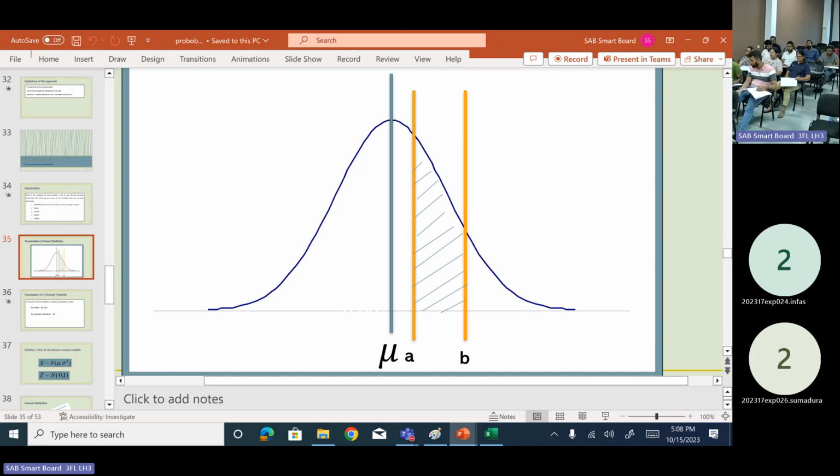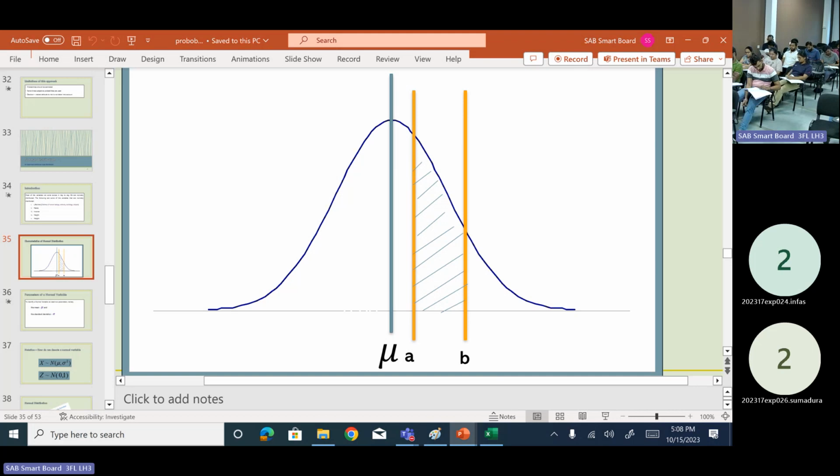Earlier we said the total area means the area under this curve and above this line. So this area is 1. Since it is symmetric, this area is 0.5 and that area is 0.5. The full area is 1.